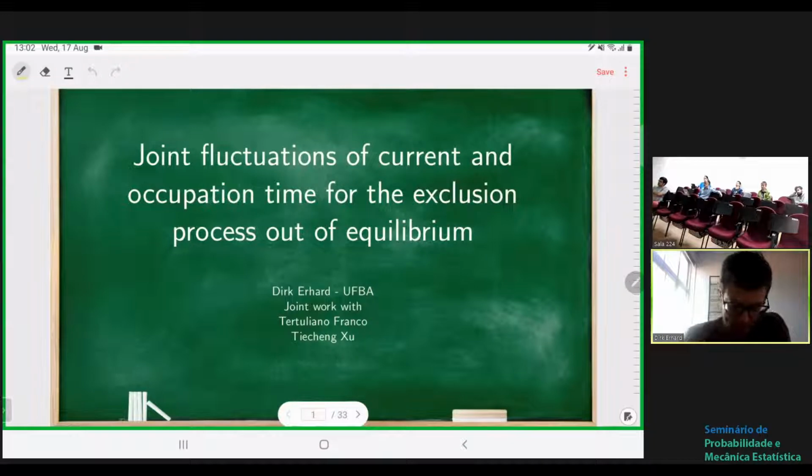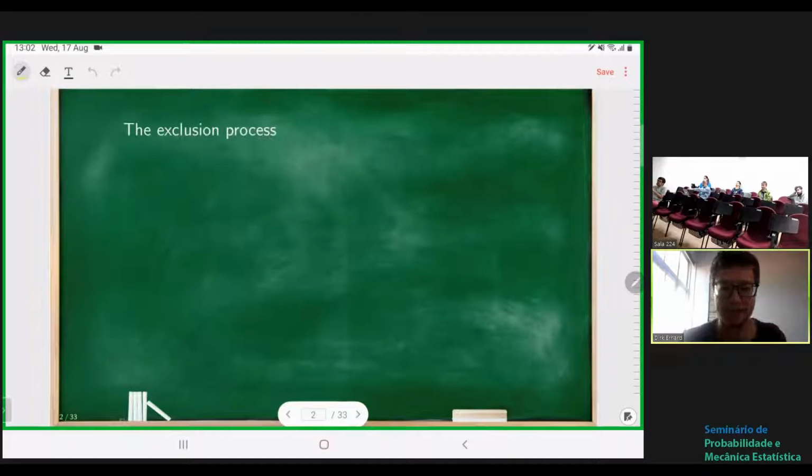I guess, quite standard, I should start by talking about the exclusion process. 90% of you know what the exclusion process is, but still, I should shortly say some words about it. So what is the exclusion process? Basically, you imagine that you have some graph Z^d, some general graph, and on this graph you consider a bunch of random walkers.